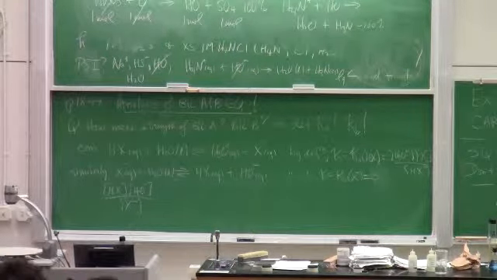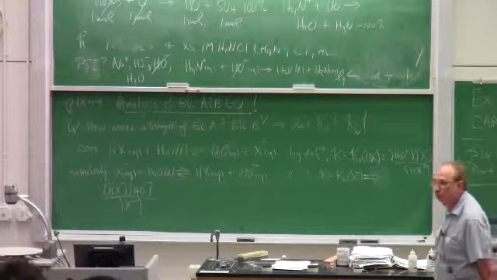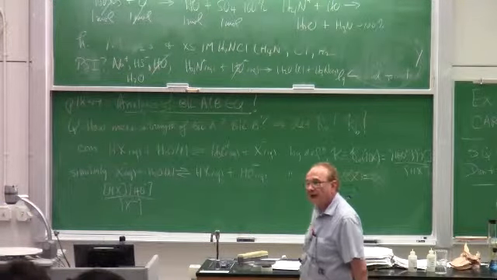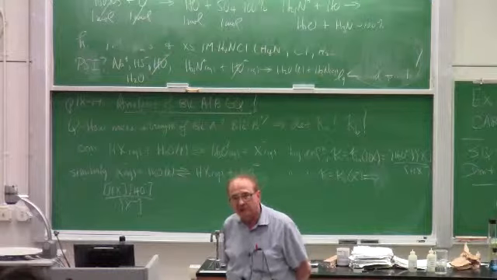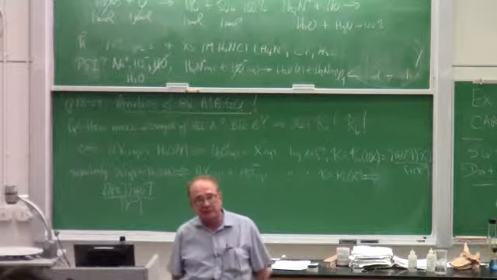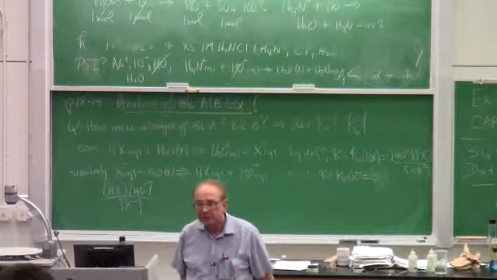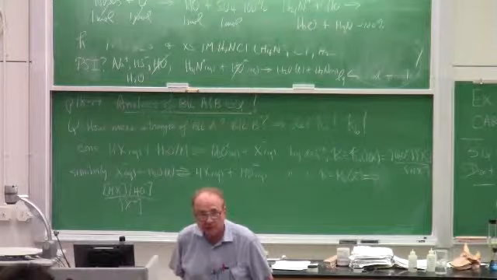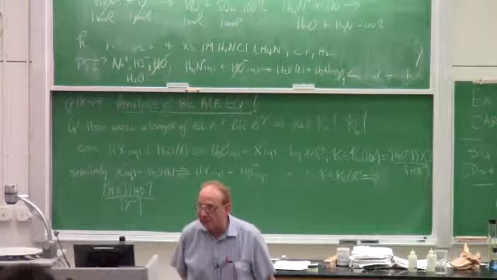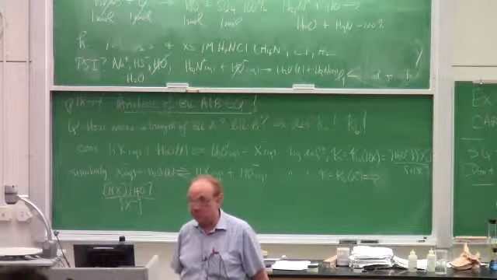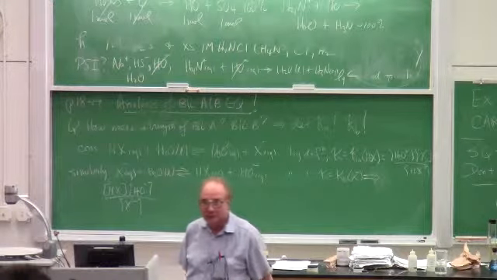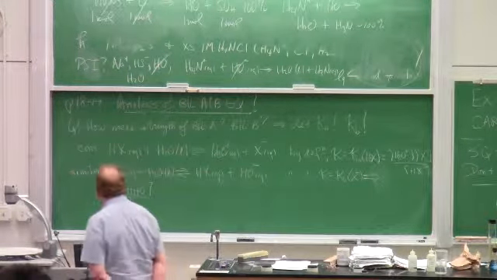I'm going to measure Ka values for a bunch of acids using ammonia as a solvent. What kind of Ka magnitudes will I have relative to this Ka magnitude for the same acid in water? Is ammonia a better H plus grabber than water? You're damn right. So the Ka values will be considerably larger should I choose to measure them in ammonia.